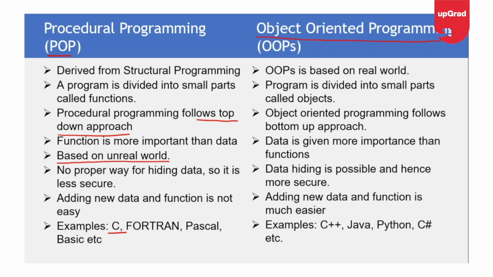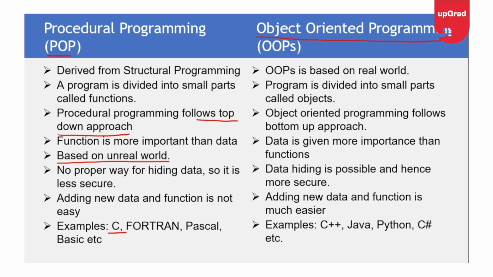Object-oriented programming is based on the real world. Anything we see around ourselves is an object. We have our laptop, we have a mouse, we have a water bottle, we have a glass. Even we ourselves are objects. So we follow a real-world approach. Now our program is divided into small parts known as objects.